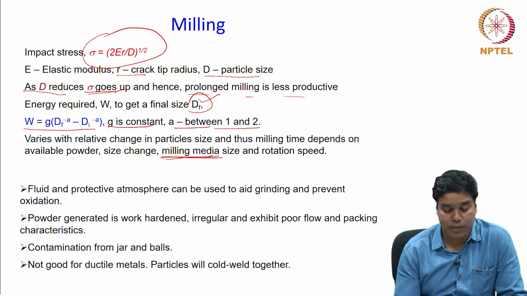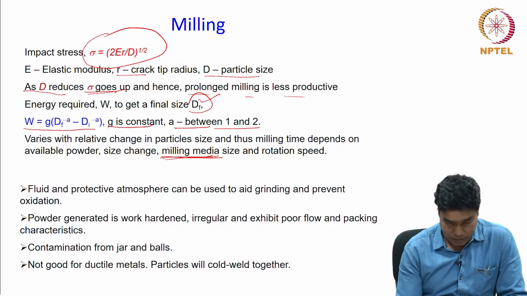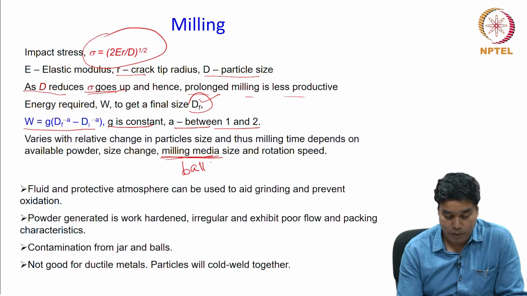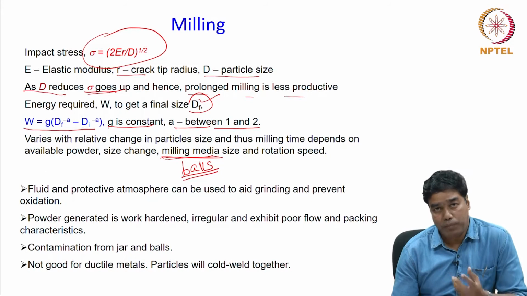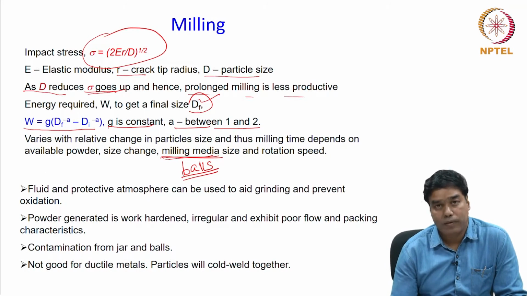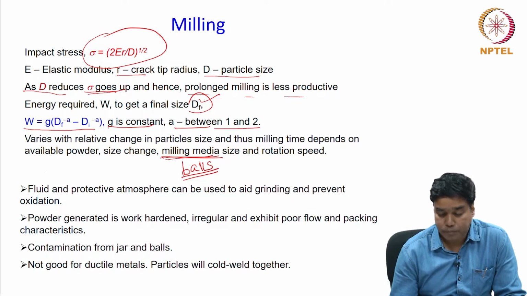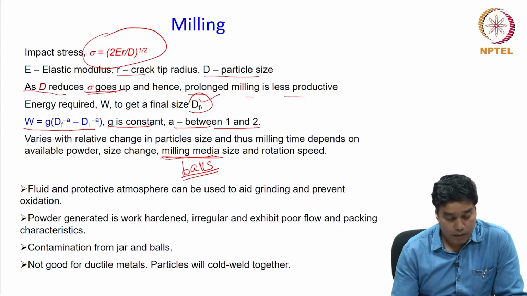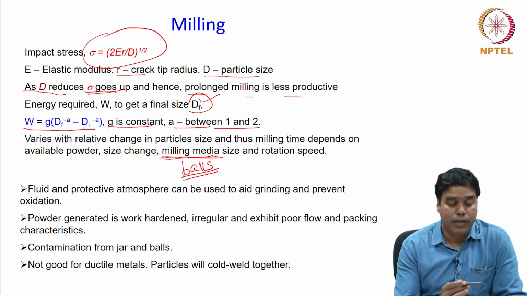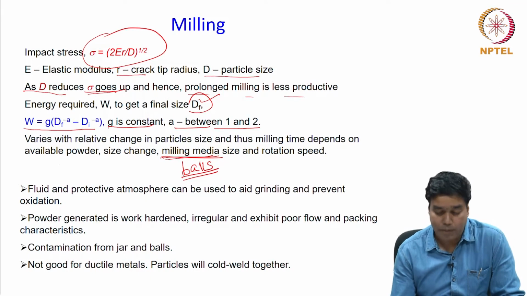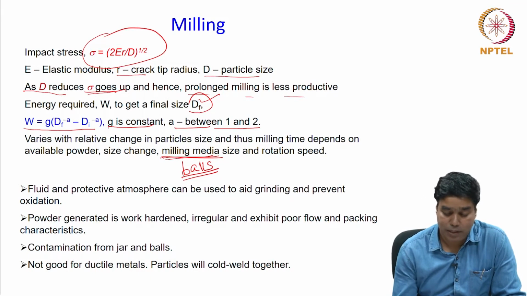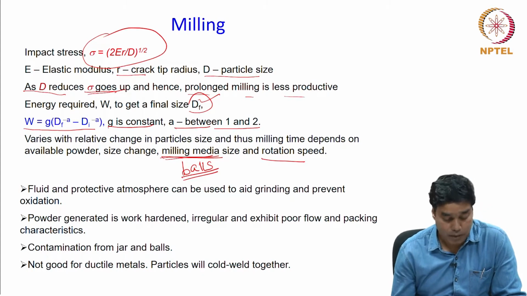So, milling media means in this case, in case of ball milling, those balls which are used to impact the material so that it can be fragmented. Okay. So, how this energy input will be, that also depends on the size of the ball, apart from the other parameters like the rotation speed, milling time and so on.